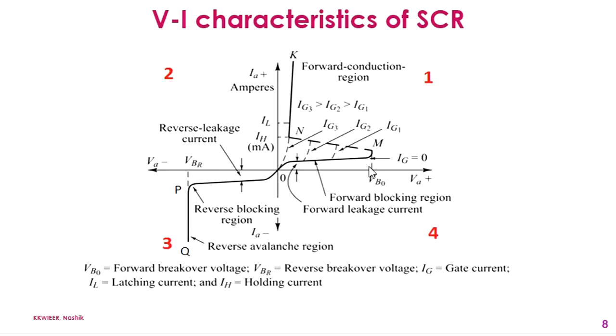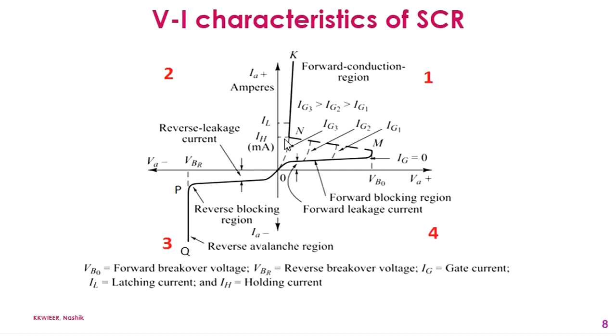At VBO, the gate current IG has a very small value, that means at VBO IG is almost 0, a very negligible amount of current. So M to N, we start increasing the gate current IG gradually, and as the value of IG increases, the VBO decreases. Here you can see at IG1 this is the value of VBO, at IG2 this is the value, and at IG3 it is almost 0.